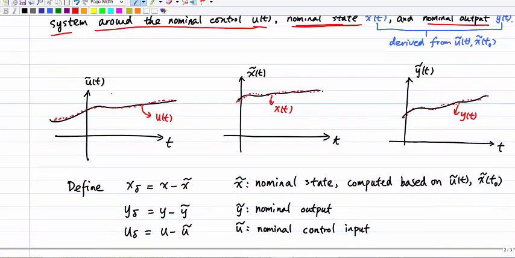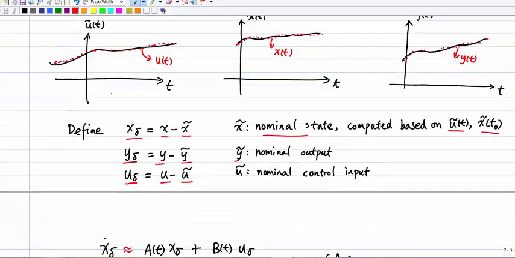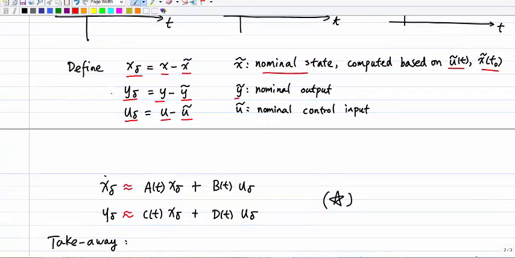If I define x delta as x minus x tilde, y delta as y minus y tilde, and u delta as u minus u tilde, where x tilde is the nominal state computed based on the nominal input and nominal initial state, y tilde is the nominal output, and u tilde is the nominal control input. Now what we can say is x delta dot, all the differences, satisfy the ABCD form.